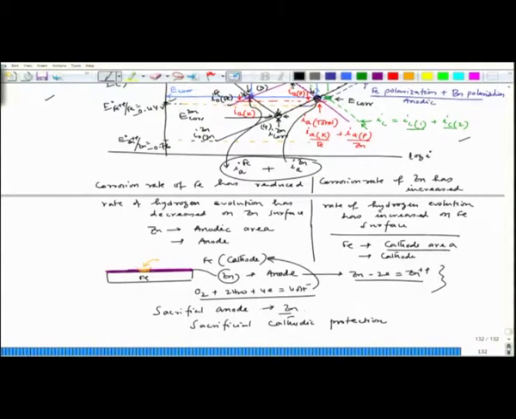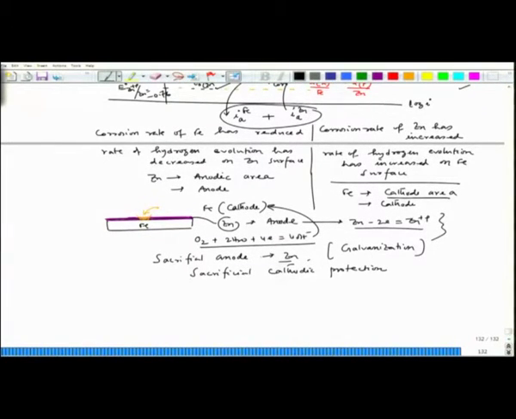Since by using a sacrificial anode we are making the iron surface the cathode, the zinc is sacrificing itself in order to protect iron. We call this particular method galvanization. Galvanization is nothing but putting zinc plating or zinc coating on the iron surface. Since we have talked about the sacrificial protection method, there is cathodic protection, we call it cathodic protection.